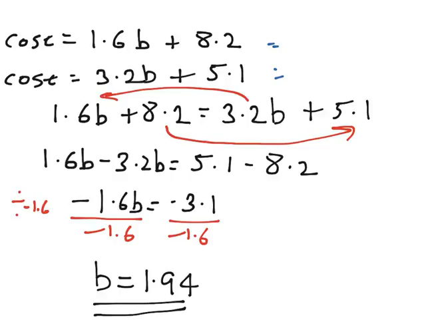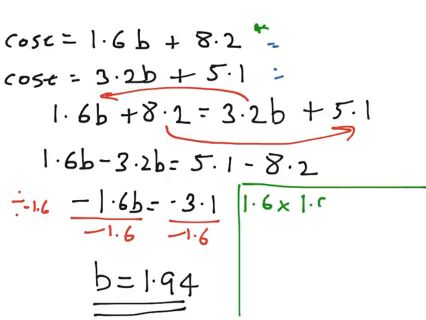We might want to know what the cost is. Just let me section this off a little bit here to try and keep it reasonably tidy. We know that the cost equals, I can use this equation. So 1.6 times 1.94 plus 8.2.